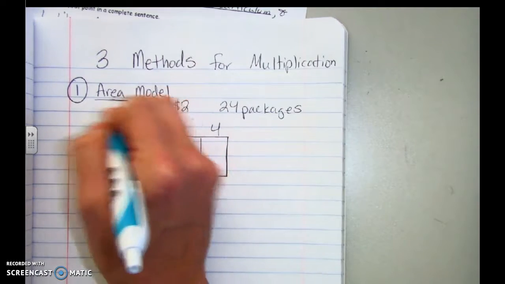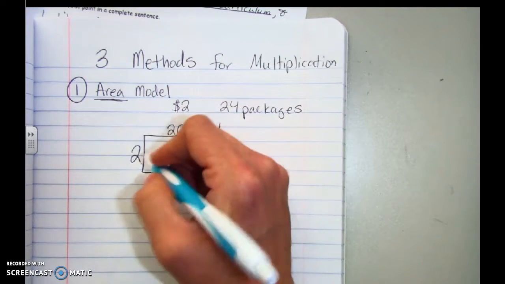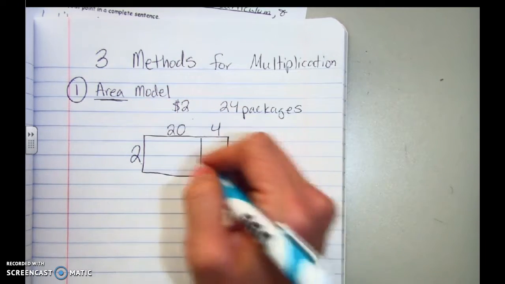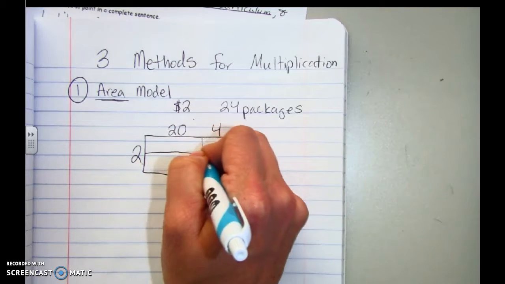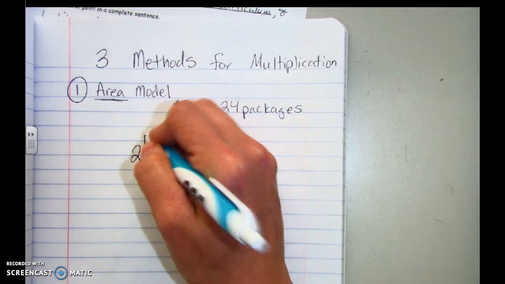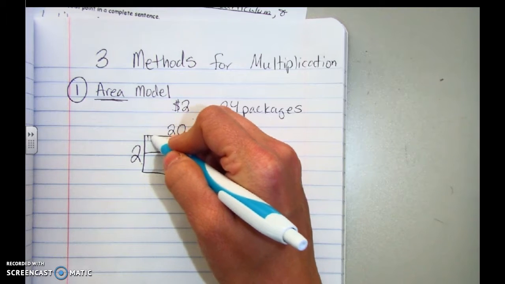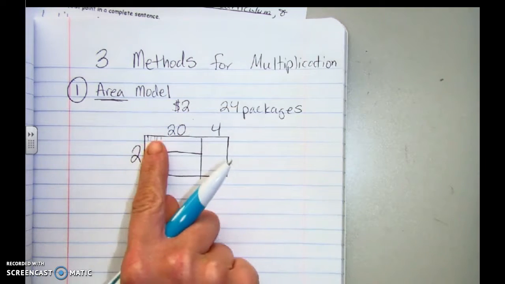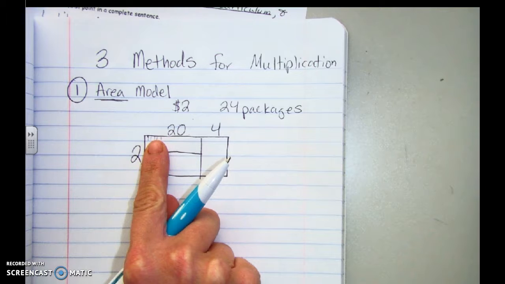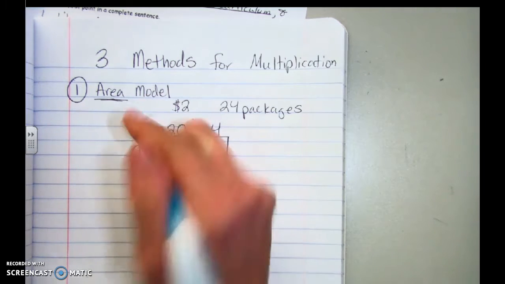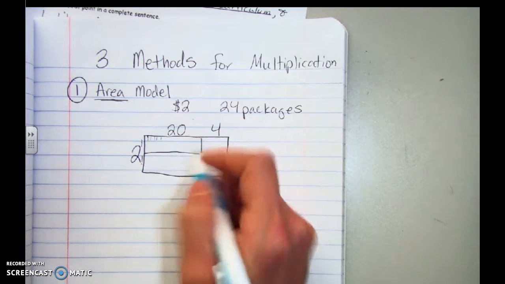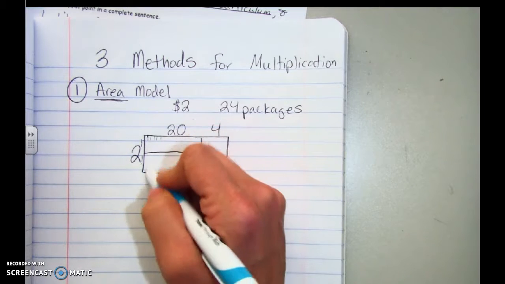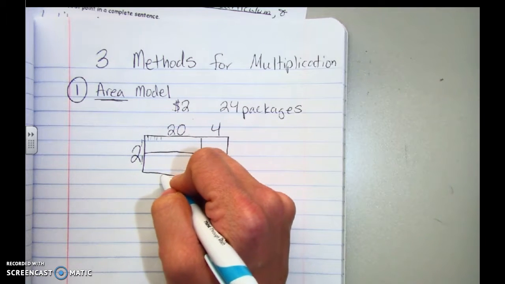When it's the area model, I'm pretending that this is a grid and that I have 2 rows and 20 columns. So that would be breaking those apart until it's 20. I'm not going to do that because that's a little hard to do, but I know that this could be 1 and this could be 1, and I could do 1 times 20 and 1 times 20.